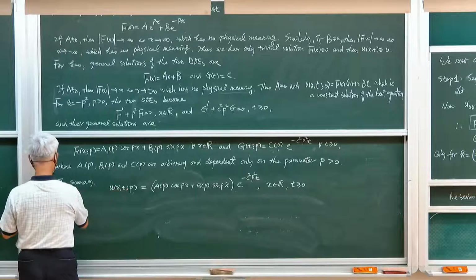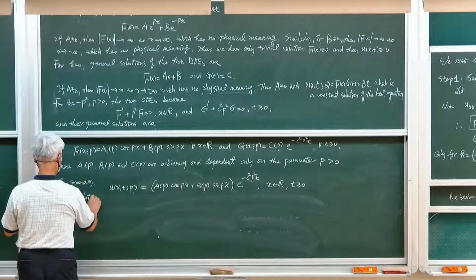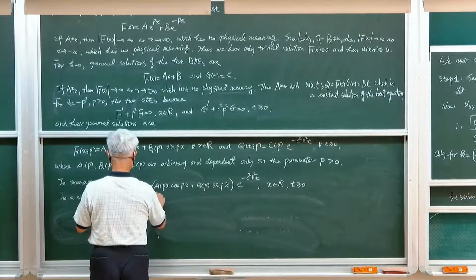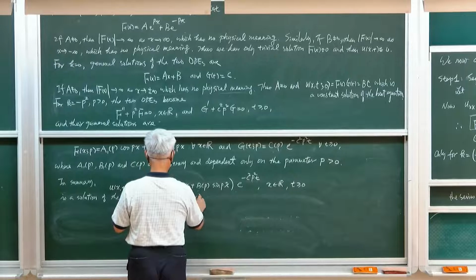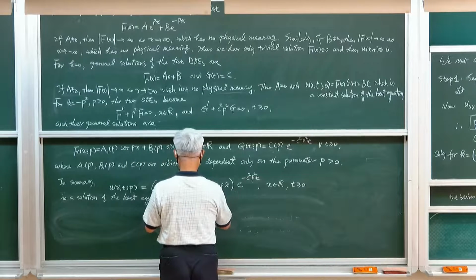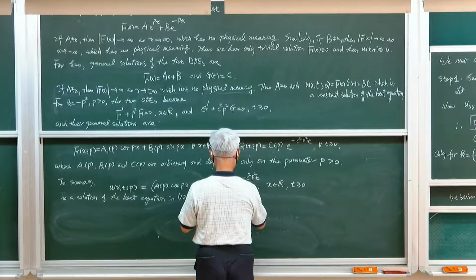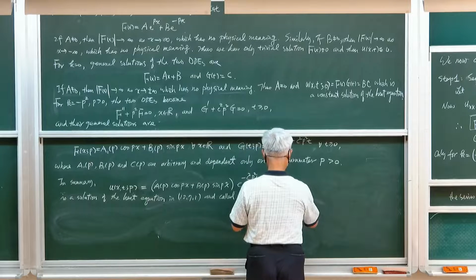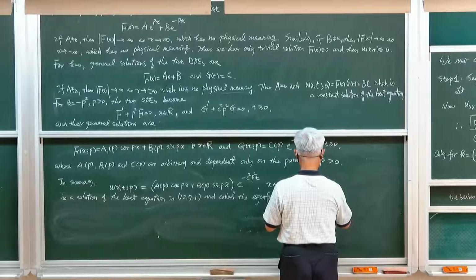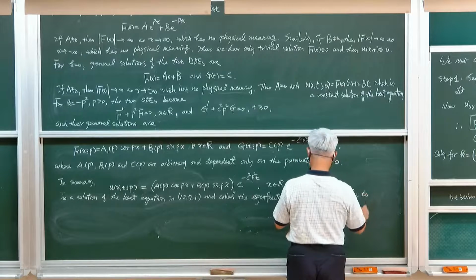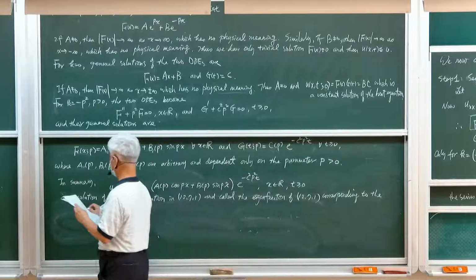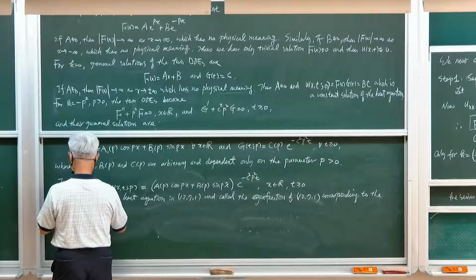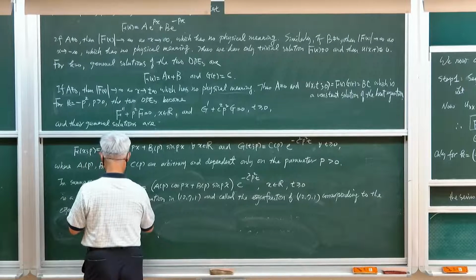Okay, so this one is a solution of the heat equation in 12.7.1, and we call it the eigenfunction of 12.7.1 corresponding to the eigenvalue lambda of p, which is defined to be cp for all p greater than or equal to 0.